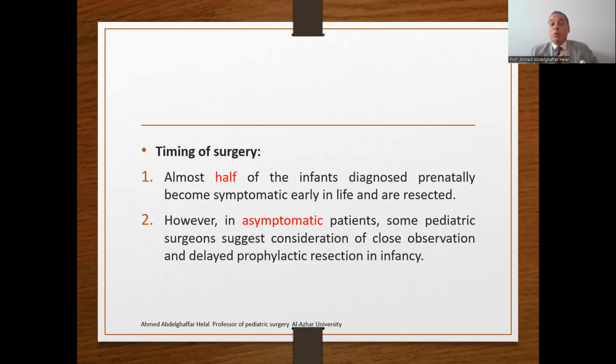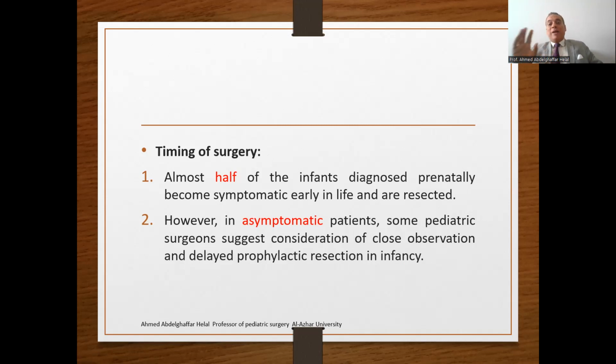Very important. Almost half of the infants diagnosed prenatally, as we said, become symptomatic early in life, and these infants need resection. However, in asymptomatic patients, some pediatric surgeons suggest consideration of close observation and delayed prophylactic resection in infancy.